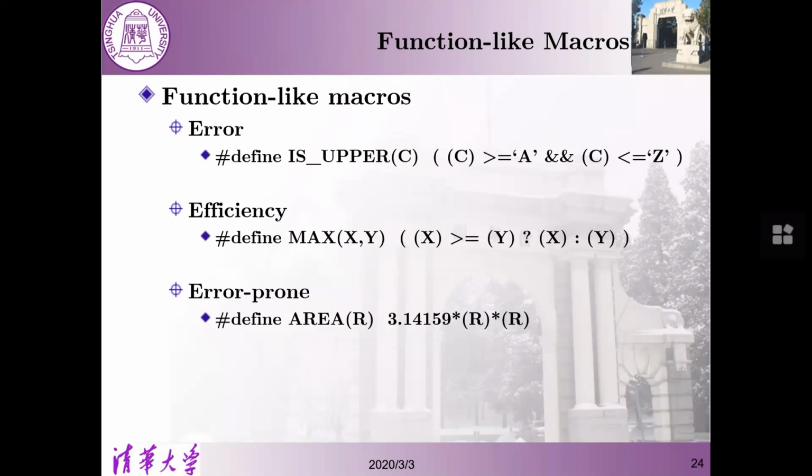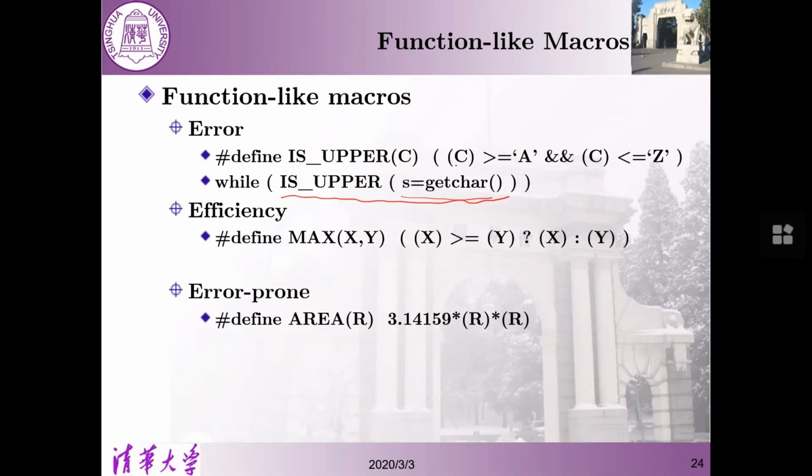So for function-like macros, they are actually error prone. For example, for the first one, there is an error. If we use the function-like macro in this way, we will get 2 characters, because this is C here.